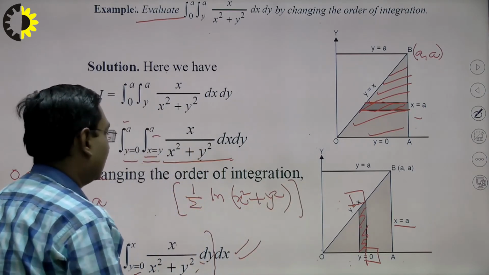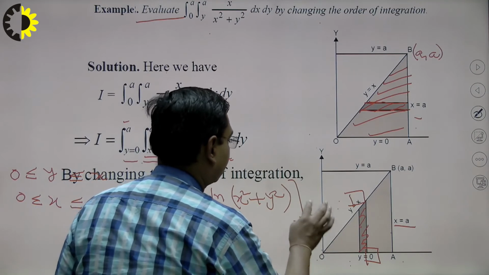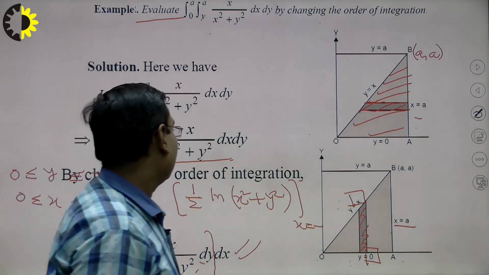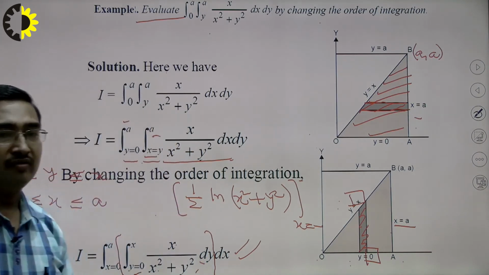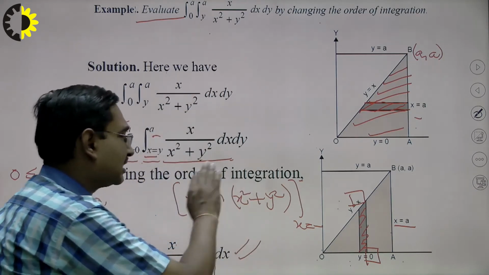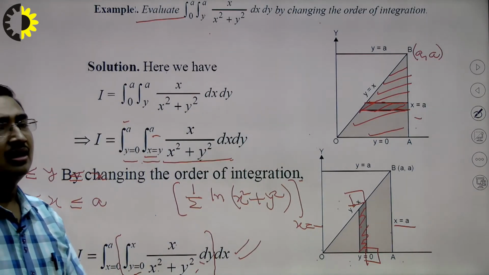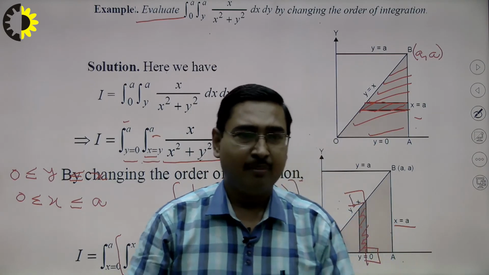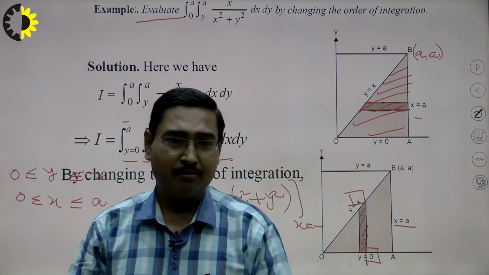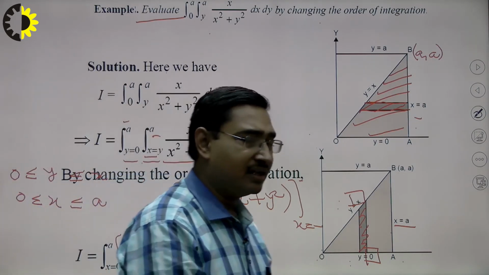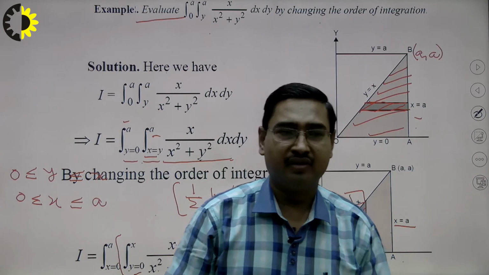After that, the limits of x will be applied, and then the resulting integral will be evaluated with respect to y. We can see, if we try, that this process will make the integration quite difficult. It means we have made the integration quite simple by changing the order of integration, and it is the application of change of order of integration.